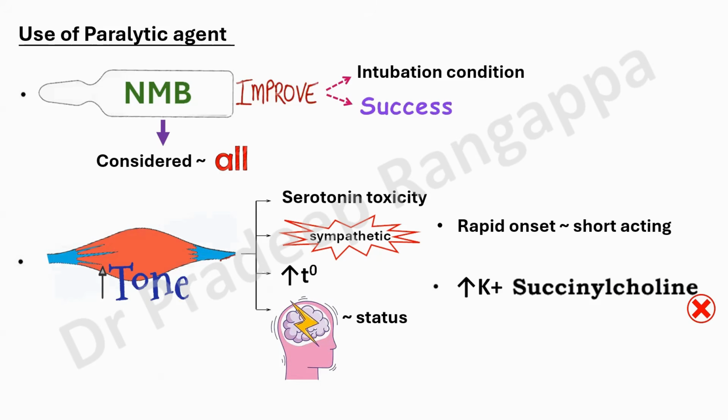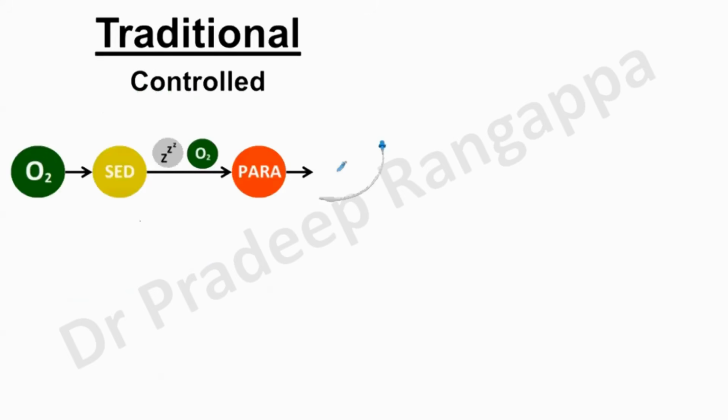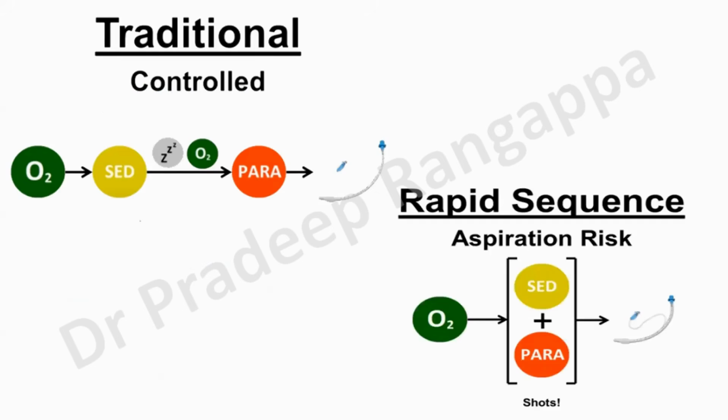So we'll just talk about the procedure of intubation. There are four types of inductions. One is the traditional, where you pre-oxygenate the patient, give sedation, and then paralysis, and intubate. The commonest one that we tend to use in poisoning is rapid sequence, where we pre-oxygenate and give sedation and paralysis together, and then go ahead and intubate.